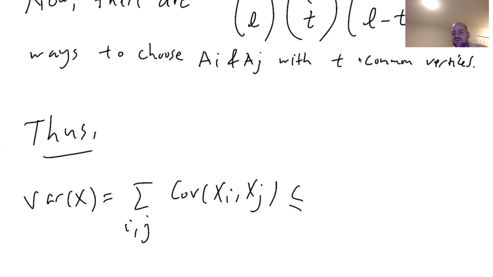Well, we said for t equals 0 or 1, covariance will be 0 because of independent events. But t can change from 2 all the way to L, right?